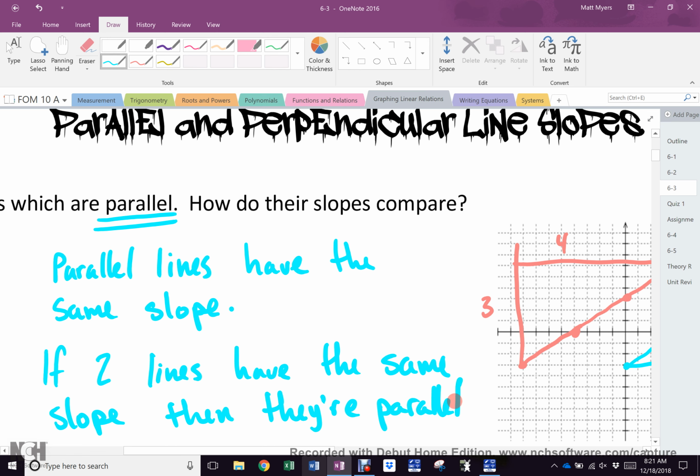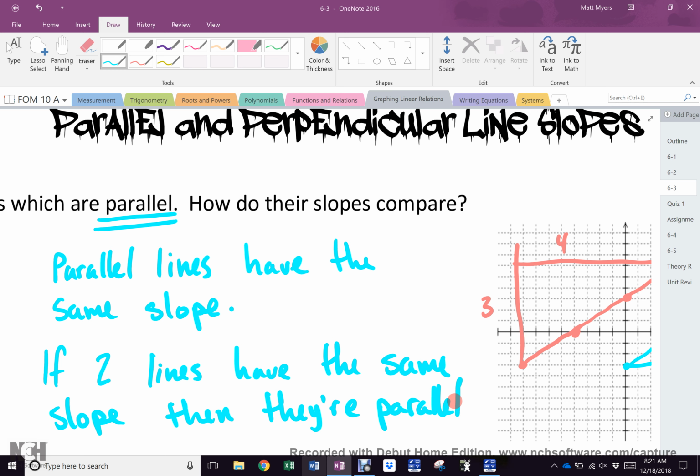If you already have the lines, easy peasy. They've got the same slope. You can see it. But a great many of you forget that if two lines have the same slope, they're not on the graph, then you're like, oh, I don't know anything about those. But you do, because if they have the same slope, they must be parallel.